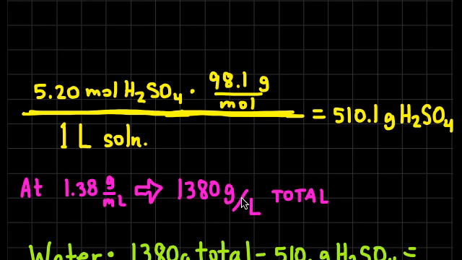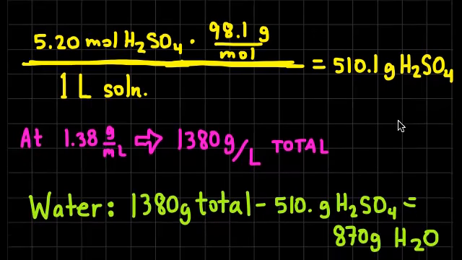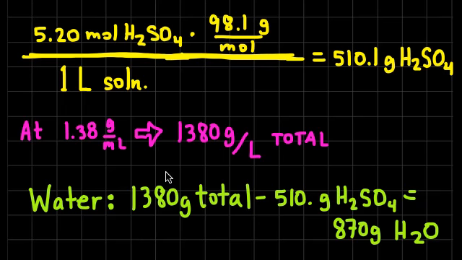The total is the acid plus the water. So how about 1380 total minus 510.1 over to 3 sig figs. This only goes to the tens place, so I'm going to have to round my answer to the tens place in any case. 870 grams of water. That was the mass of water that did the dissolving.